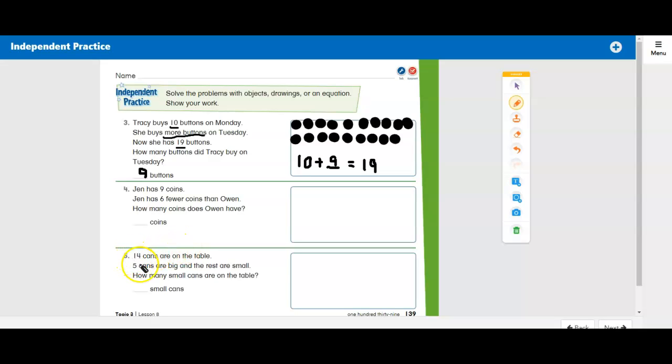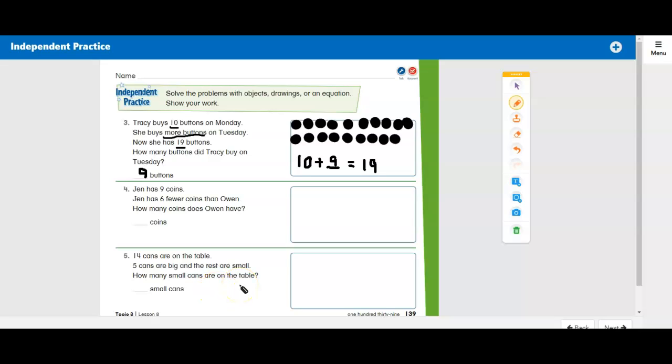Number 5 says 14 cans are on the table. 5 cans are big and the rest are small. How many small cans are on the table? So if we have 14 cans on the table, 5 of those cans are big and the rest are small.